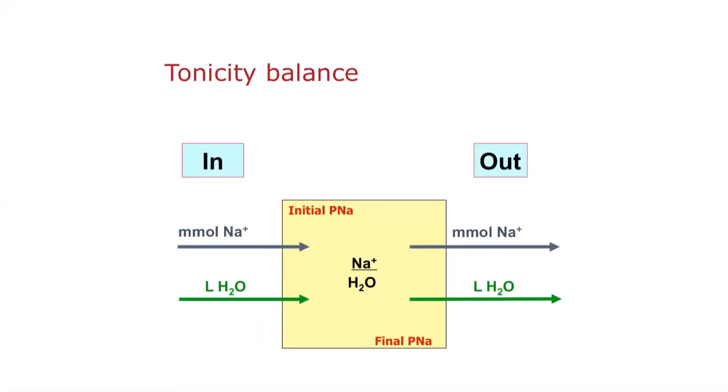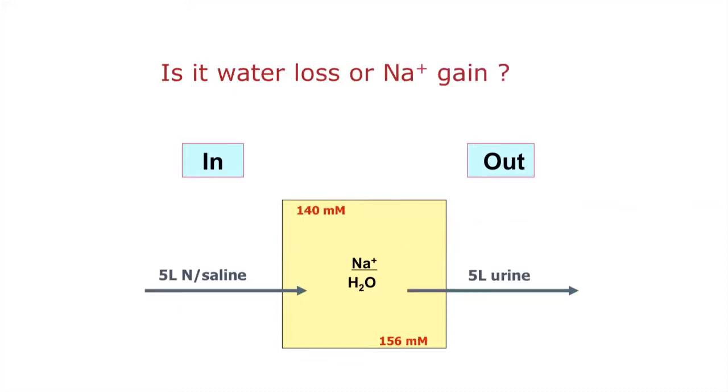And again, this is where the tonicity balance comes in very handy. When we looked at the charts of the anesthetist for the fluid administration and the urine outputs, we could see that the patient received 5 liters of normal saline, but excreted 5 liters of urine. So just on looking at the urine output, it doesn't seem to be a water loss issue.